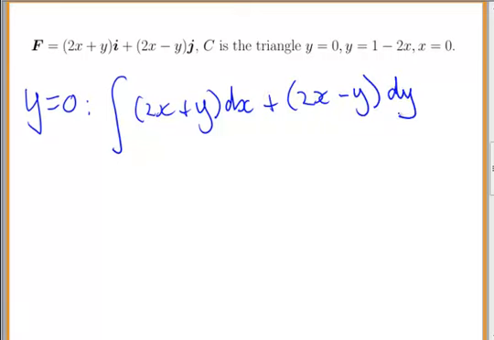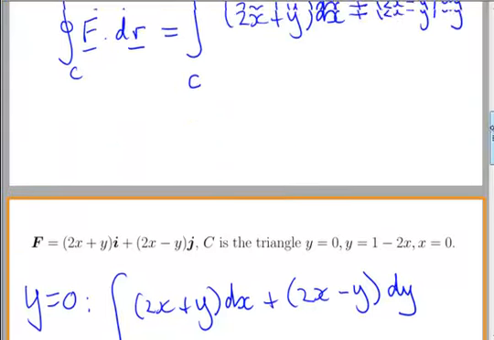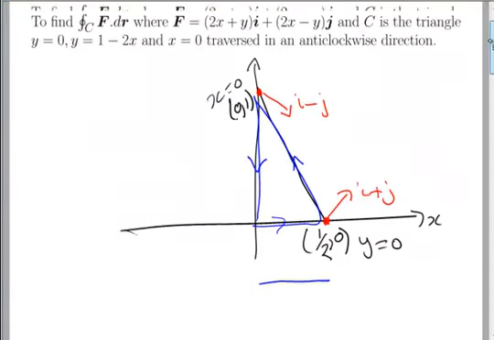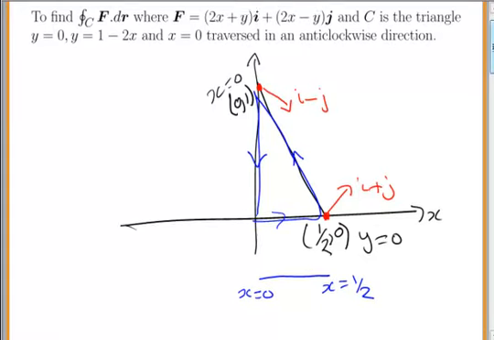To find the limits of that integration, we need to go back to look at the triangle, and we can see that as we move along the line y equals 0, we're going from x equals 0 to x equals a half. So the limits of the integration are x equals 0 to x equals a half.